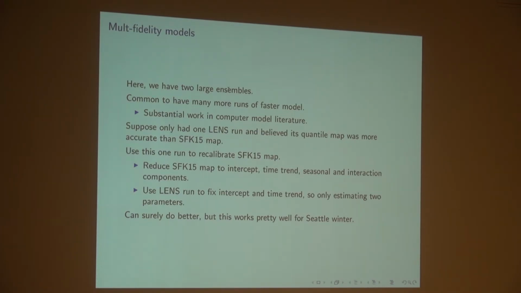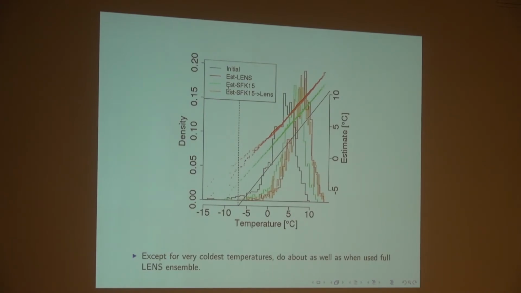And maybe I don't want to go into the details too much because I have a whole different topic I want to talk about. But the answer to that question is yes, in the sense that, so the red is what we want. The orange is using a single lens run to correct the Shriver calibration. And so except at the very coldest temperatures, the red and the orange points are basically indistinguishable from each other.